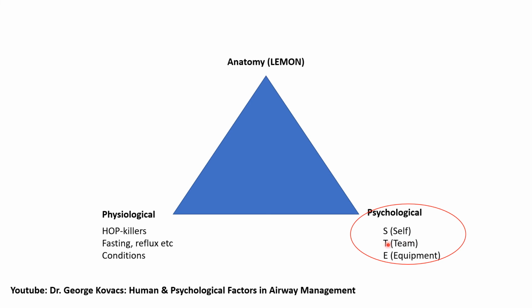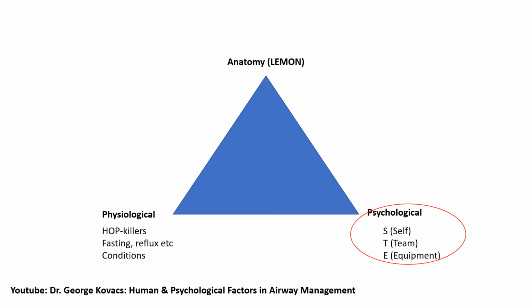Then you have your team. You need the best team for the task. So if you need to wait for your anesthesiologist expert, then you have to wait for them if you can wait, and usually you can. You need the right equipment, so you need video laryngoscopy if it's a difficult airway, and so on and so forth. So these psychological factors are really important.